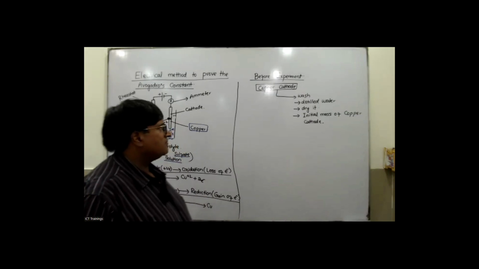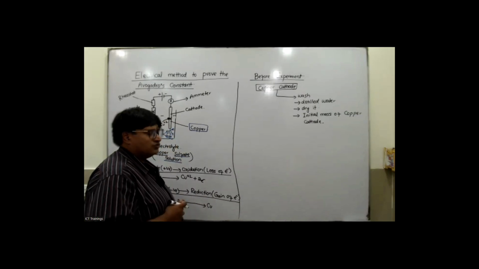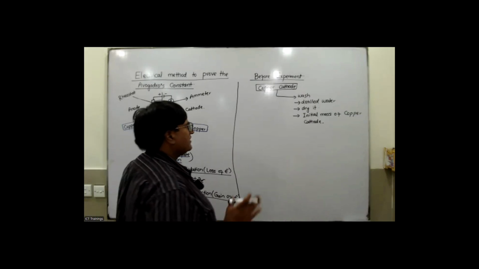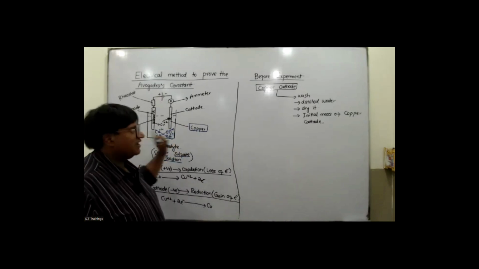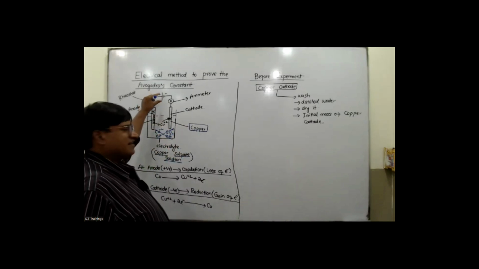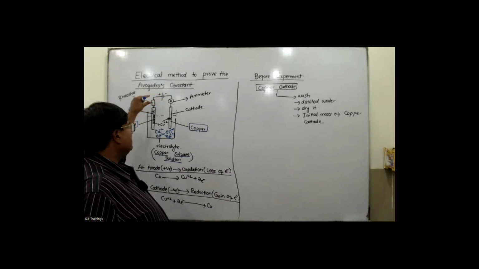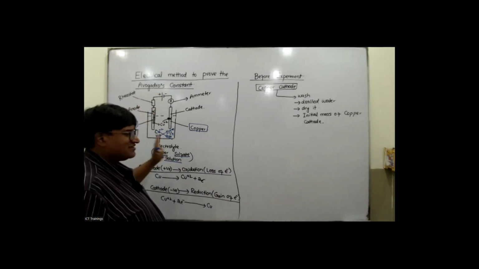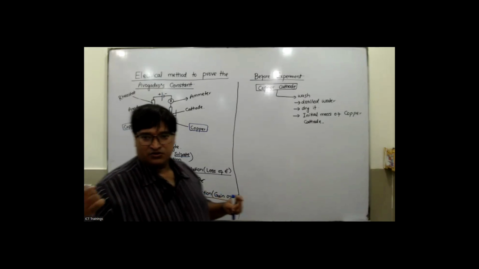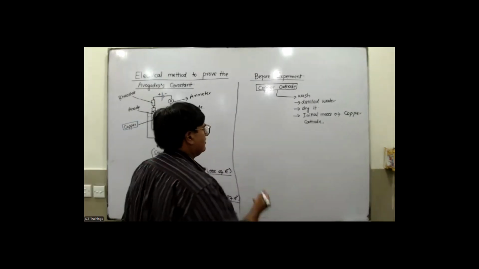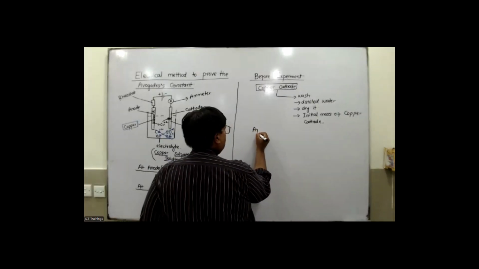This is the thing you have to do with the copper cathode before the experiment. Now you are going to attach it with the battery, rheostat, and ammeter and pass the current for 1 hour.